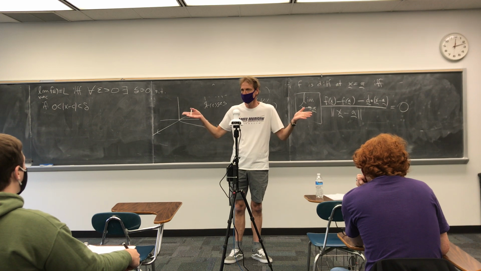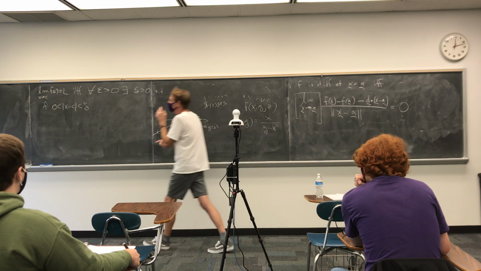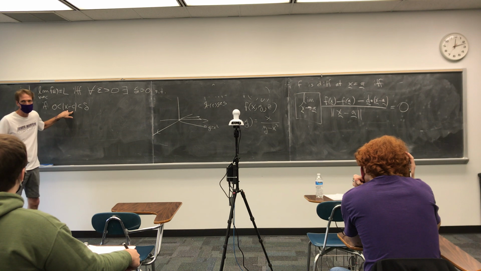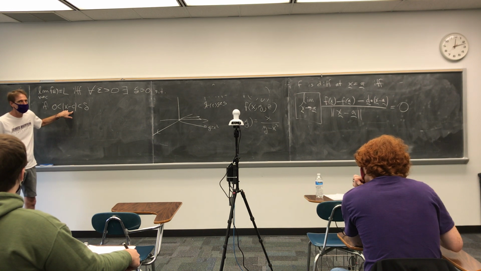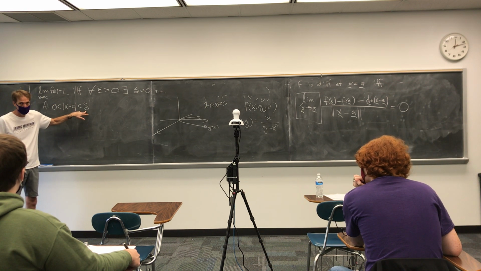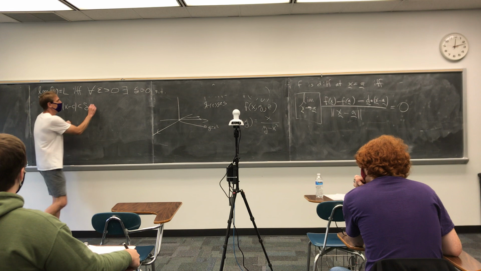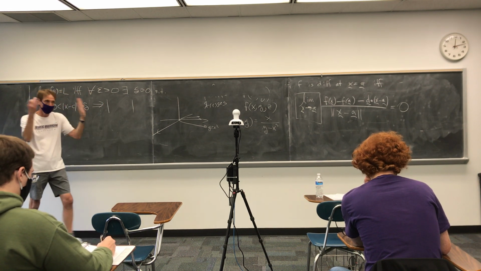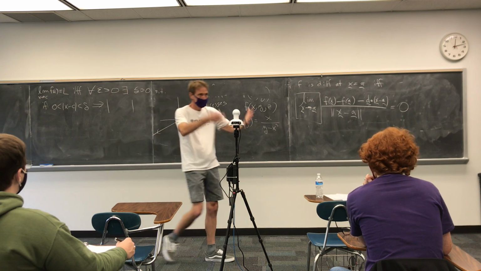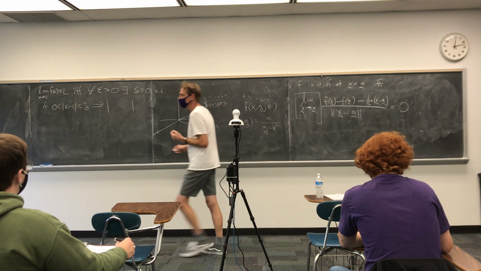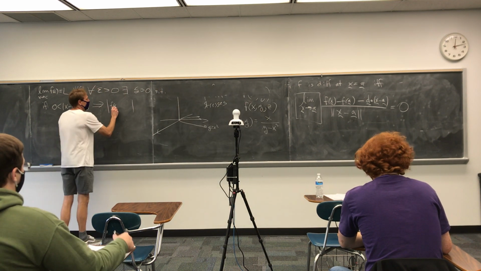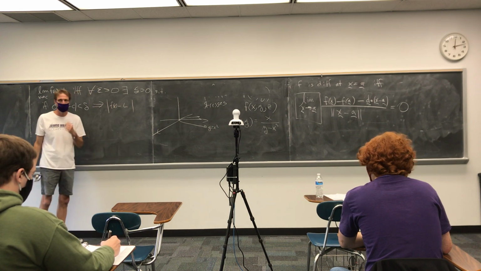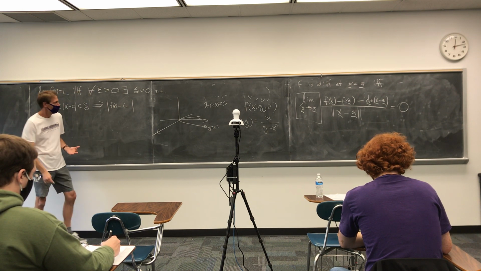We're saying if the distance between x and c is less than delta in the domain, it must logically follow, you're like, oh, there's another absolute value. Well, again, it's going to be distance. Then the distance between f of x and L must be less than epsilon.